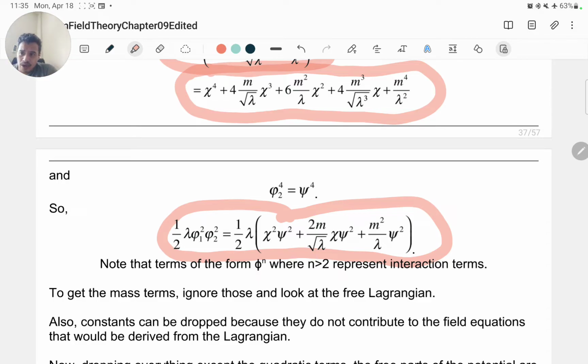By the way, to emphasize, if you have a phi to the n term where n is greater than 2, then those are just interaction terms. So if you want to get the mass, then just compare it with the Klein-Gordon equation, and then discard those terms with phi n, where n is greater than 2.